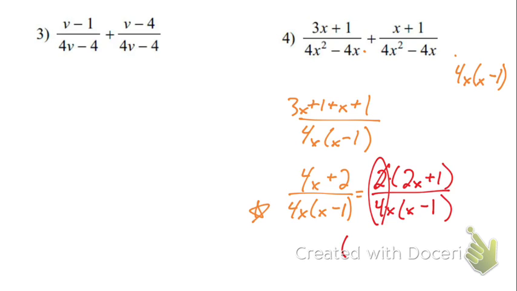So my numerator, I don't need a parenthesis here, my numerator is 2x plus 1. The denominator, now 4 divided by 2 is 2. So 2x, x minus 1. I know there's a 2x here and a 2x there, but these are being added. So this is how we have to look at that: as one binomial. And this is one binomial. If those don't match up, you can't get rid of them.